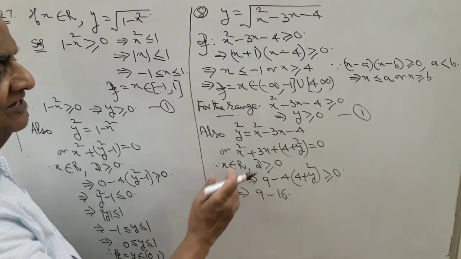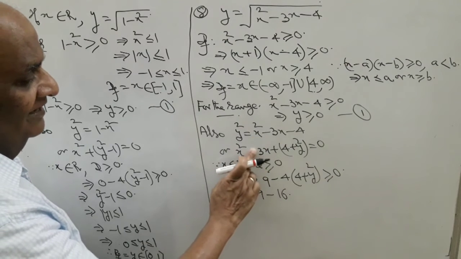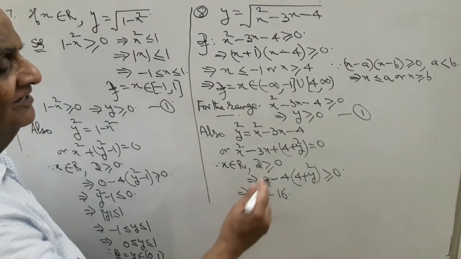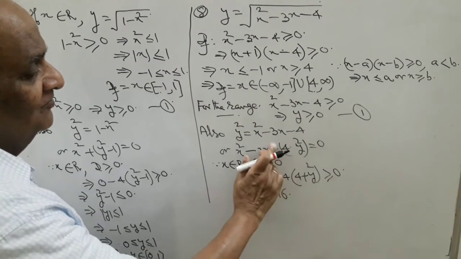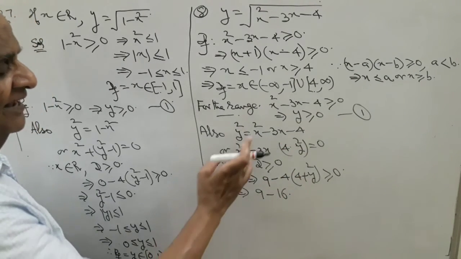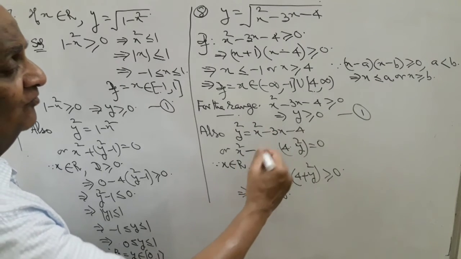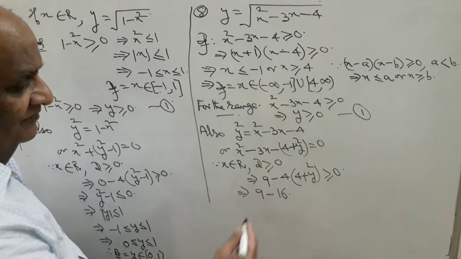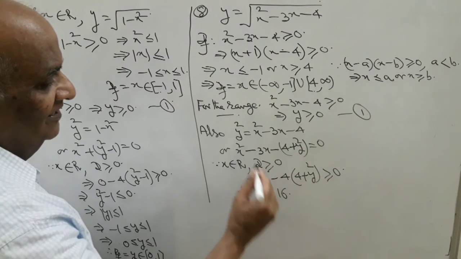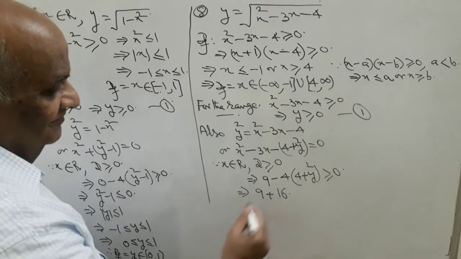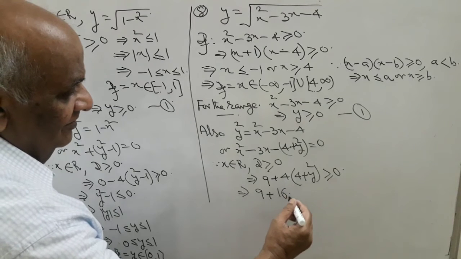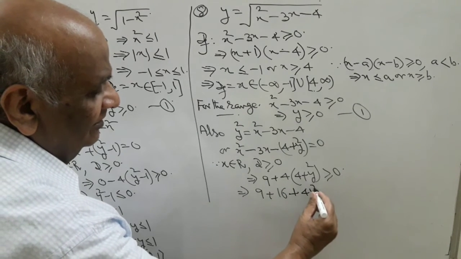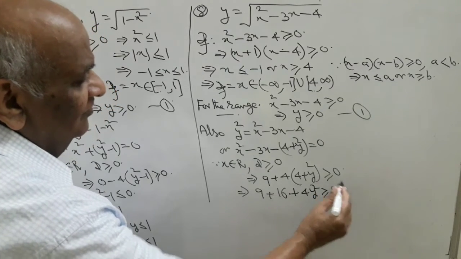When you transpose, there is some mistake we are having here with x square minus 3x. Please correct it. x square minus 3x minus 4 minus y square. So minus of this, it becomes 9 plus 4(4 plus y square).